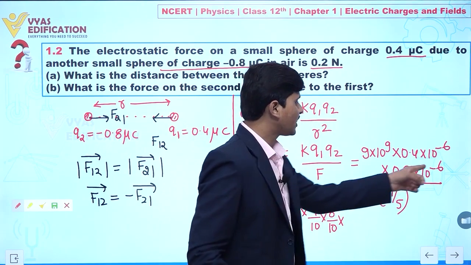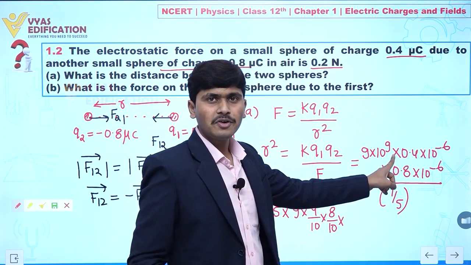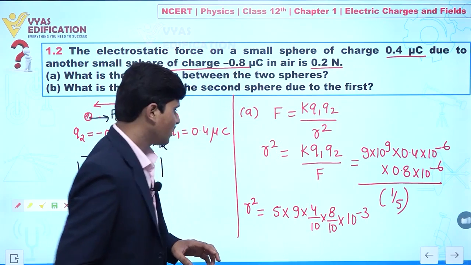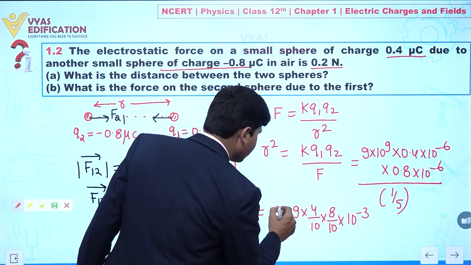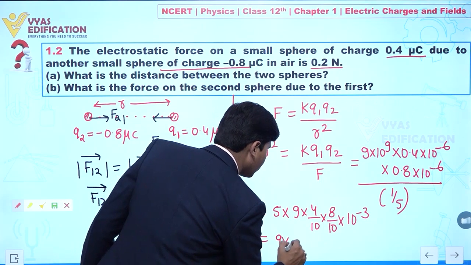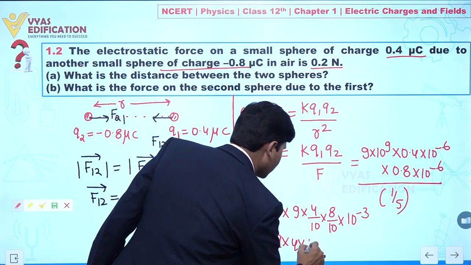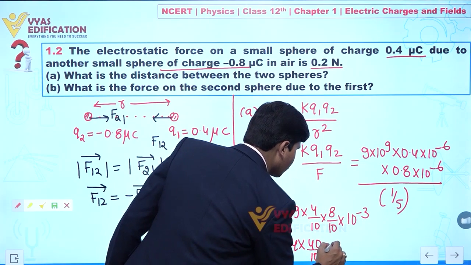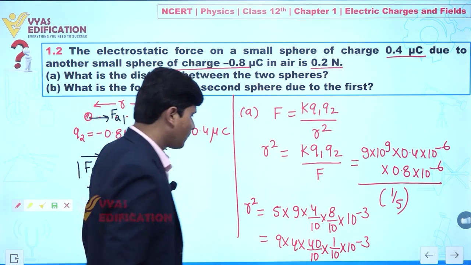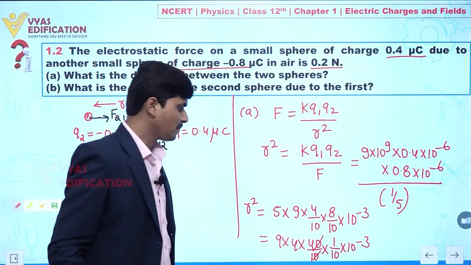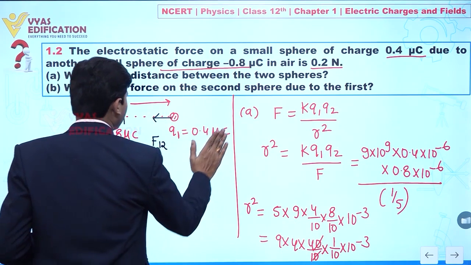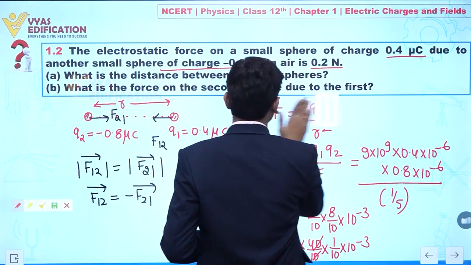Now we have 10 to the power minus 12 and 10 to the power 9, so we get 10 to the power minus 3. Clear to everyone? From here this is 9 into 4 into 40 divided by 10 into 1 by 10 into 10 to the power minus 3. You can see this one and this one cancel out, and this becomes 10 to the power minus 4. Clear? So I am writing here.